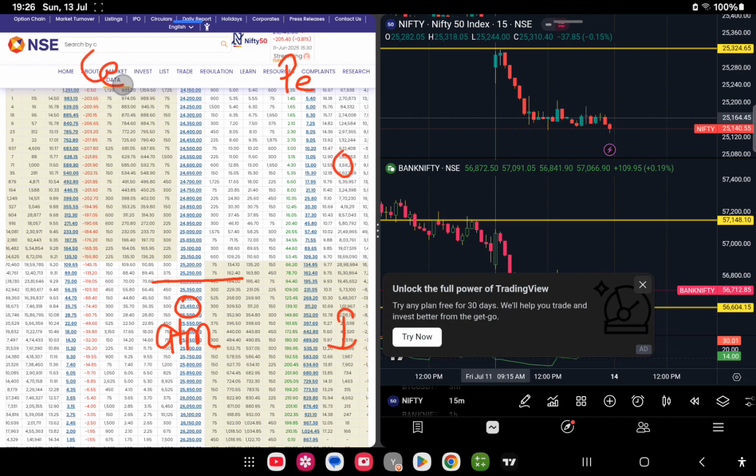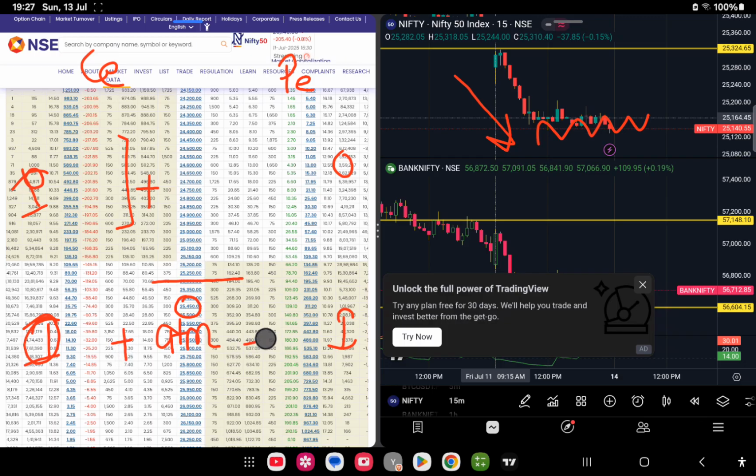This is the call side OTM and ITM. Since the market was going down and then went sideways, you could see max decay was in the ITM. Okay, I just made a mistake. So this will be the ITM and this will be the OTM for the call side. So this will be the max decay, this will be slightly decay, and here is the max uptrend, here is the less uptrend. Okay, so this is the pattern.